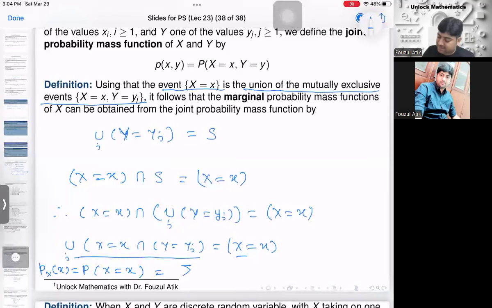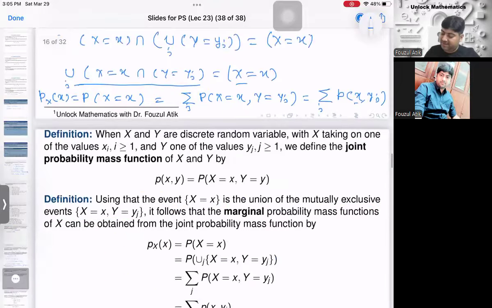So therefore I can write it as summation over j of p of X equal to x comma Y equal to yj. And this is summation over j of p of x comma yj. What does it mean? The marginal probability mass function of x means you have to sum over all yj values and keep x fixed. That will give you the marginal.